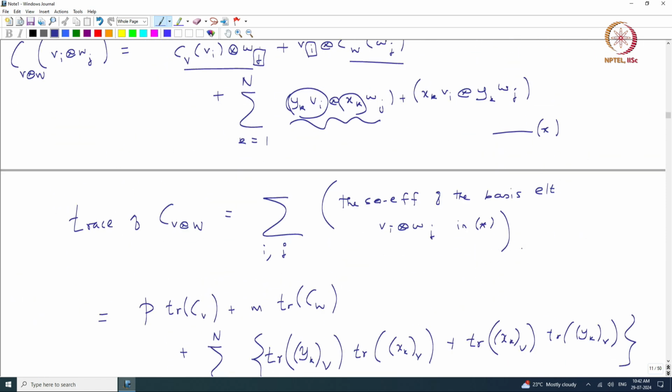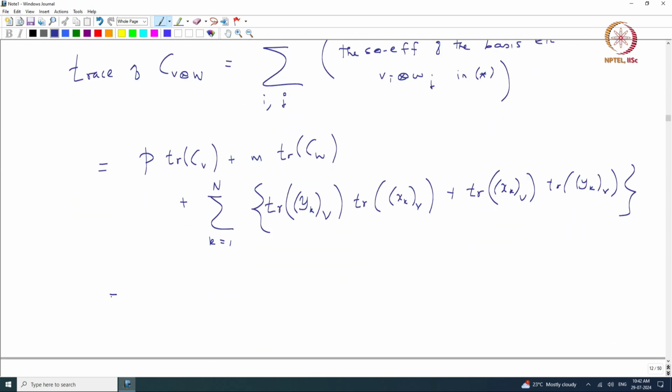If you use that observation, whenever x and y are coming from SL_N, the trace of the corresponding elements will become 0. This trace, this trace, this trace, this trace will become 0. So, what survives? Only that identity matrix element. So, this gives you the dimension of W times the trace of CV plus dimension V times the trace of CW.